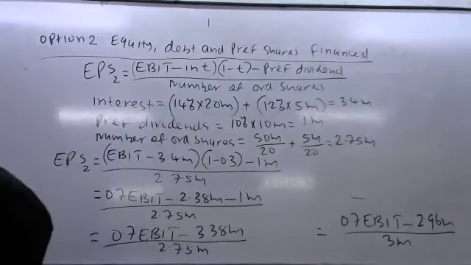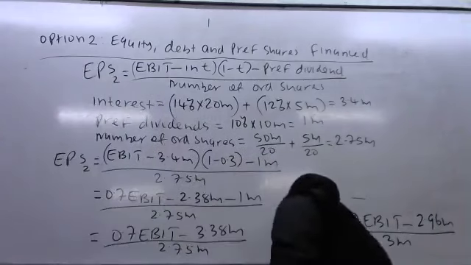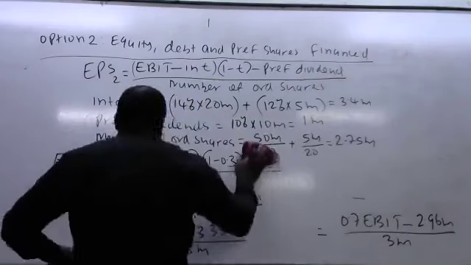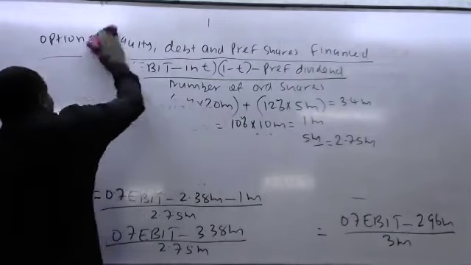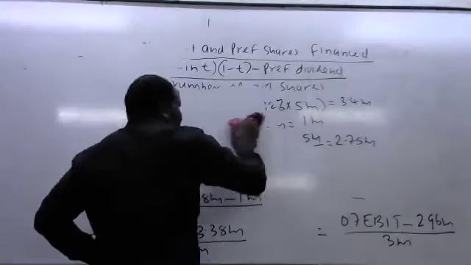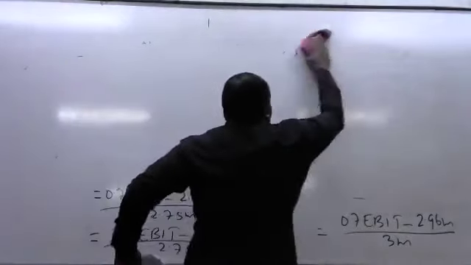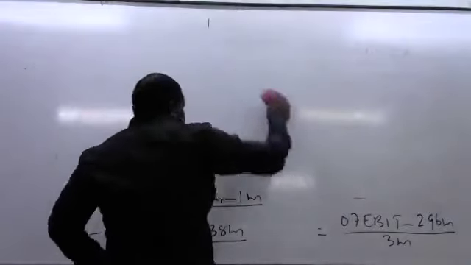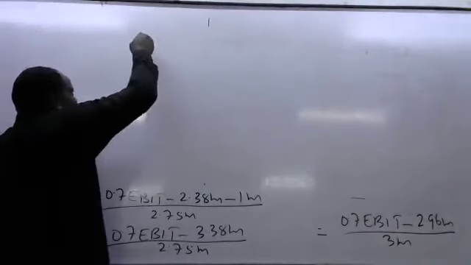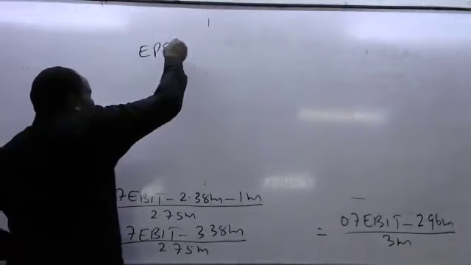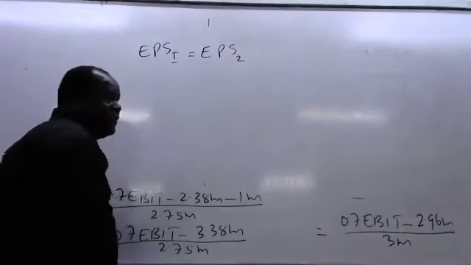So those are now our two equations. So now we say that at the point of indifference, earning per share for option 1 will be the same as earning per share for option 2.